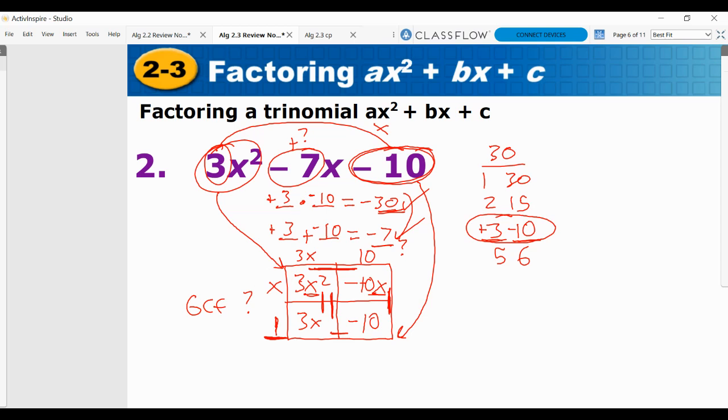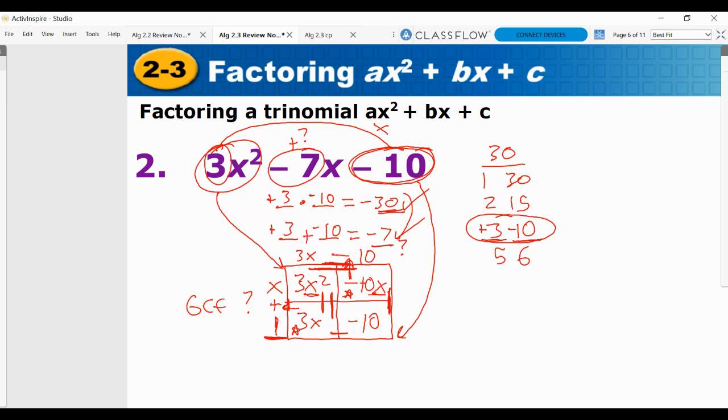And then now we just need to figure out what operations are going to go right here and right here in between. Your operation is going to be whatever is in this box. So we have a minus here, so we're going to put a minus there. This is positive, so we're going to put plus there. Whatever is in these boxes tells you what your sign is going to be.